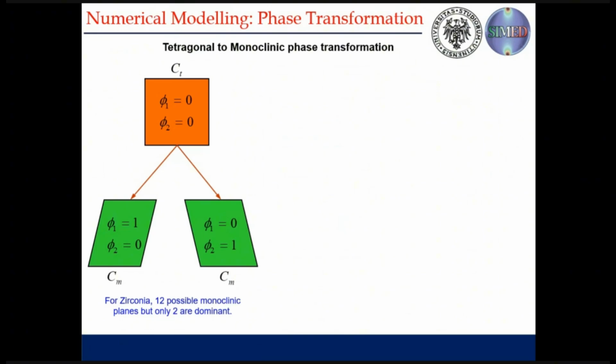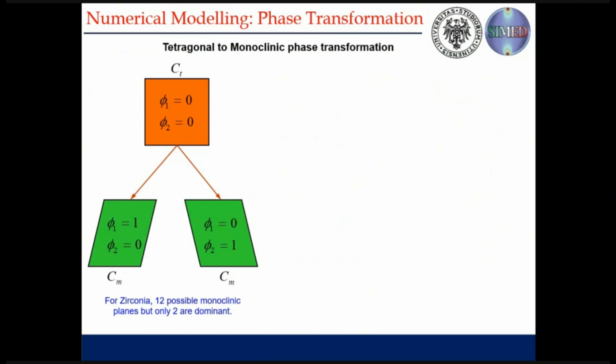And to model this, we use 2 scalar variables denoted as phi1 and phi2, which will be 0 when we are having tetragonal material. And after the phase transformation, one variable will take a value from 0 to 1 during the transition. And when it's fully 1, we have the first variant of the phase transformation.